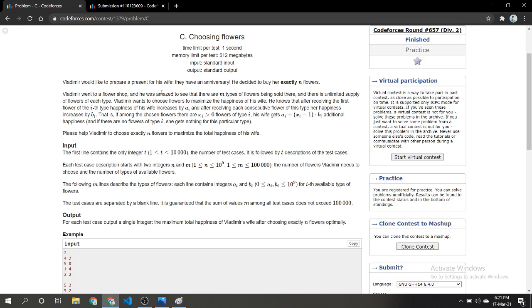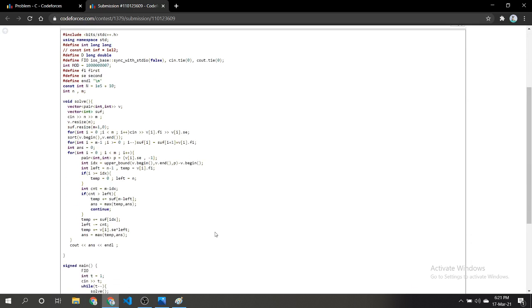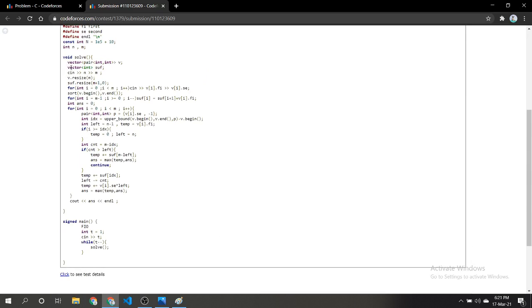So now let's come to the solution. Here I am taking input. I have a suffix array and an input array. In my input array, I am taking a_i and b_i.